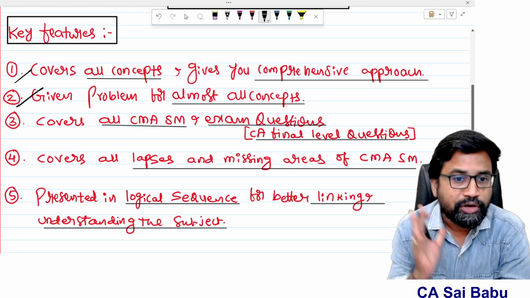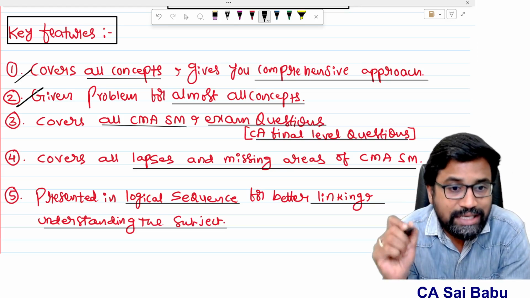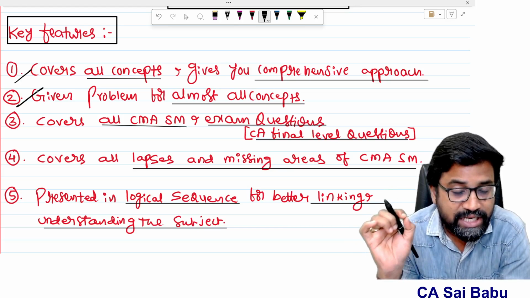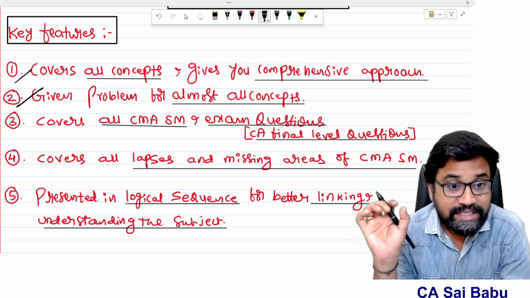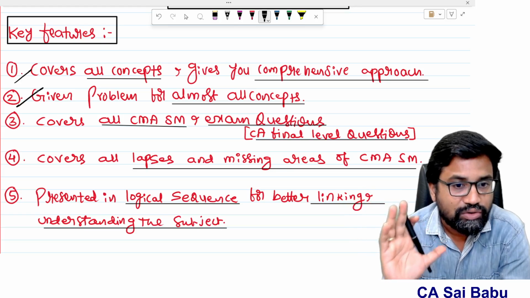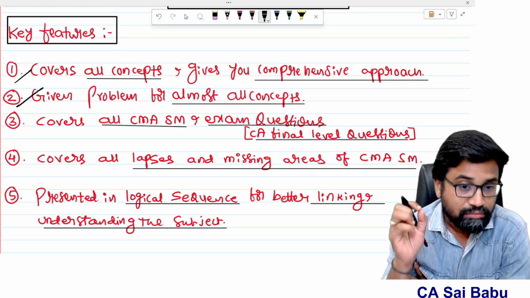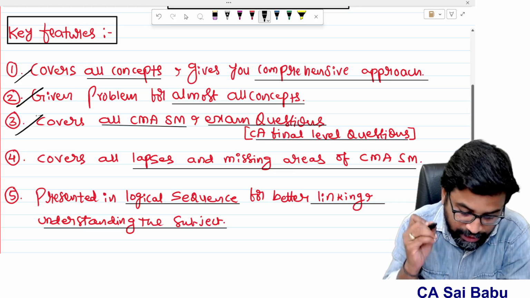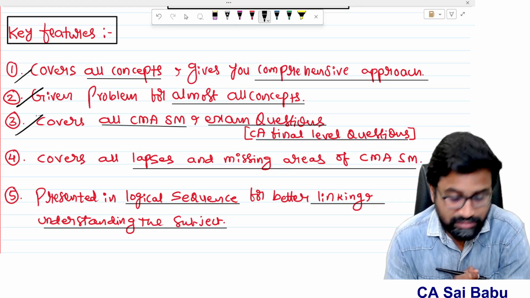And the third important feature of this material is it covers all CMA study material questions as well as previous examinations conducted by CMA. And CA final level questions are also covered here. So if you solve this material, you are not required to see the CMA study material as well as the CMA previous exam questions.